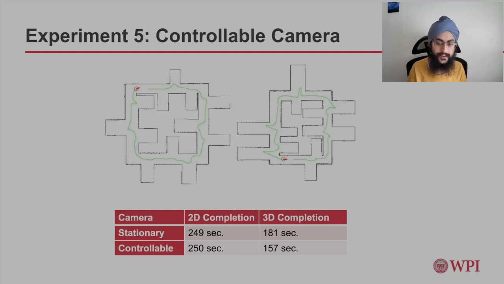Whereas in the 3D interface, the controllable camera did end up saving them time, because they could turn the camera sideways and continue driving the robot forward, and they had a good sense of what was happening, and they could save time that way.